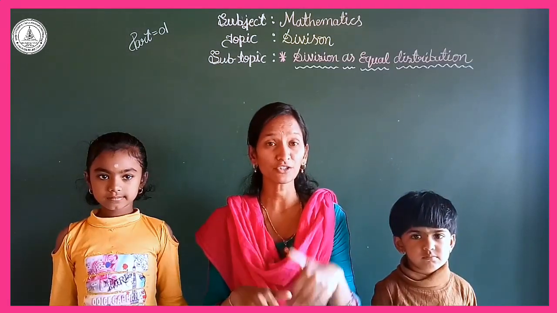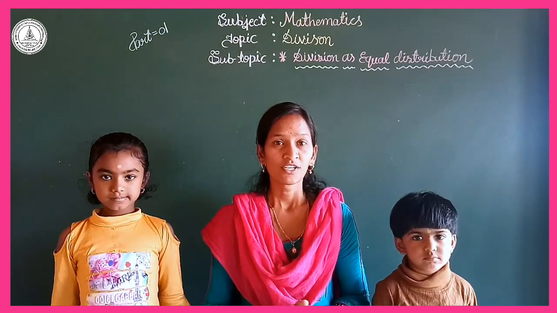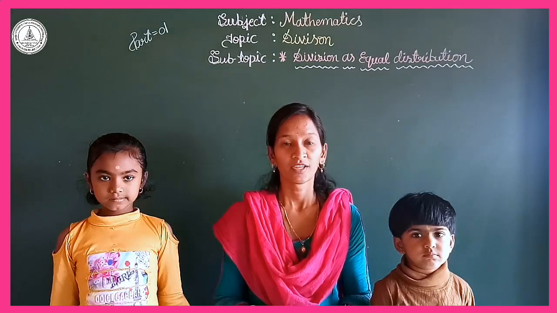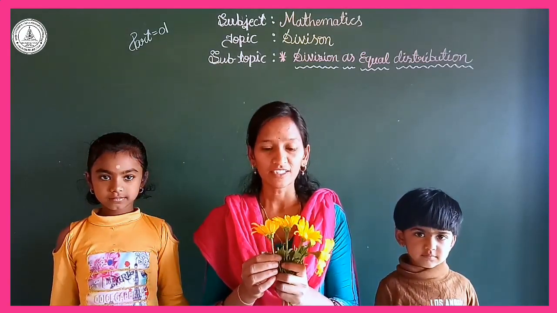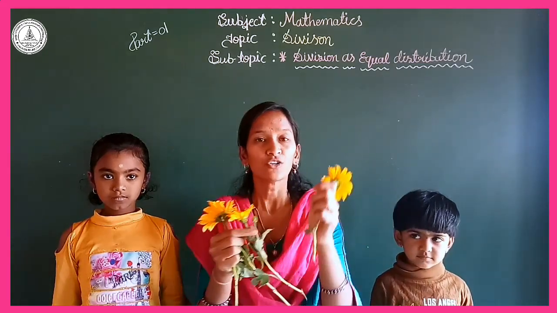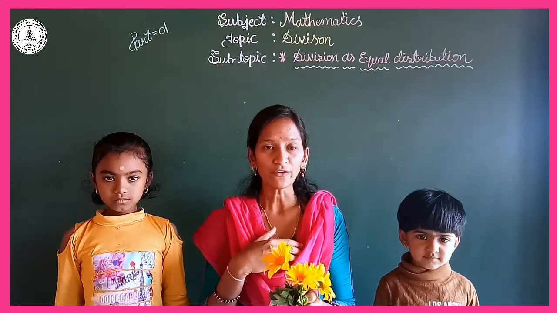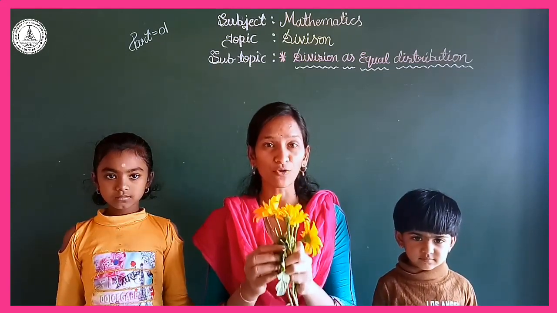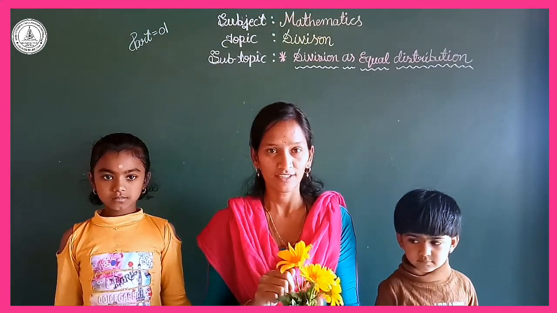Students, before starting our new concept, I will do one beautiful activity for you. All of you listen here. Students, I have some flowers here, right? Here I have 1, 2, 3, 4. The total number of flowers is 4 here. Now I am going to distribute these 4 flowers among these 2 students, right?